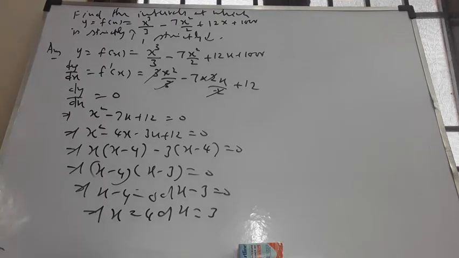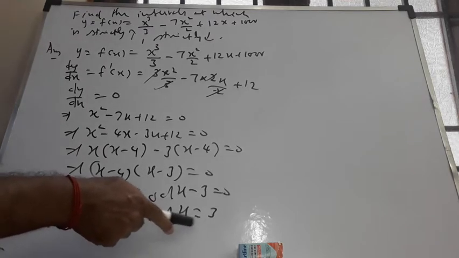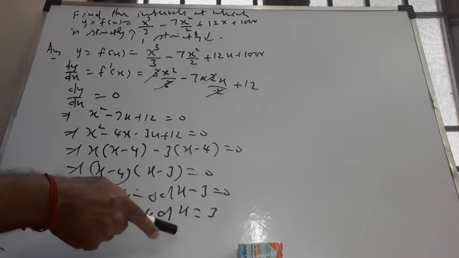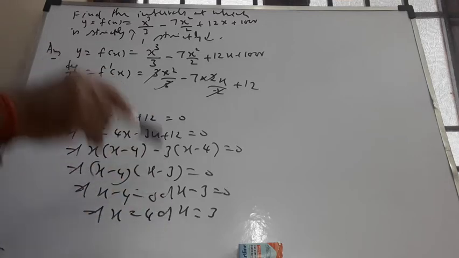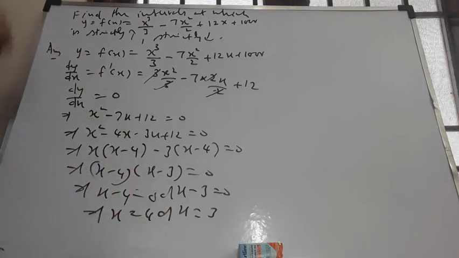Now automatically what do I get? The real line is divided into three parts, namely x less than 3, 3 less than x less than 4, and x greater than 4.